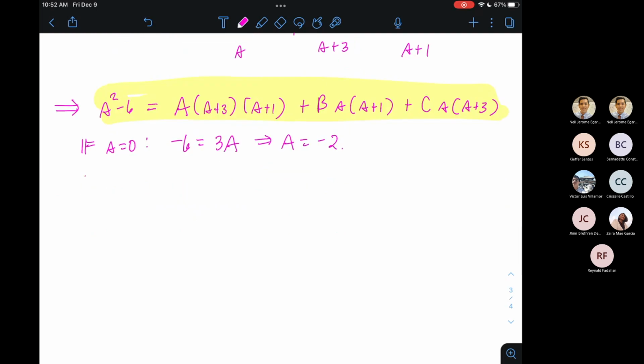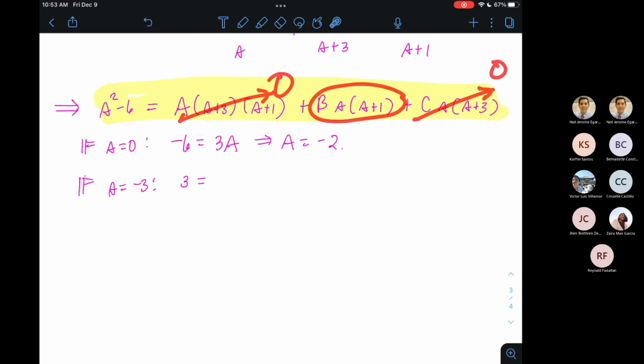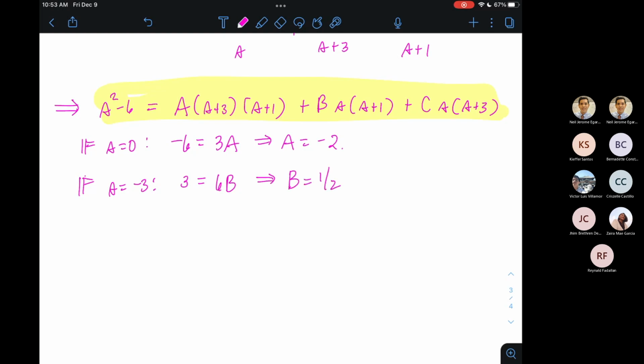Okay. And then if S is -3, this is -3. So we'll have 9 minus 6. So we'll have 3 equals, this will go to 0. This will go to 0. Ito lang yung matira. S is -3. So I'll have B times -3 times -3 plus 1, -2. So we'll have 6B. So that means B is equal to 1/2.